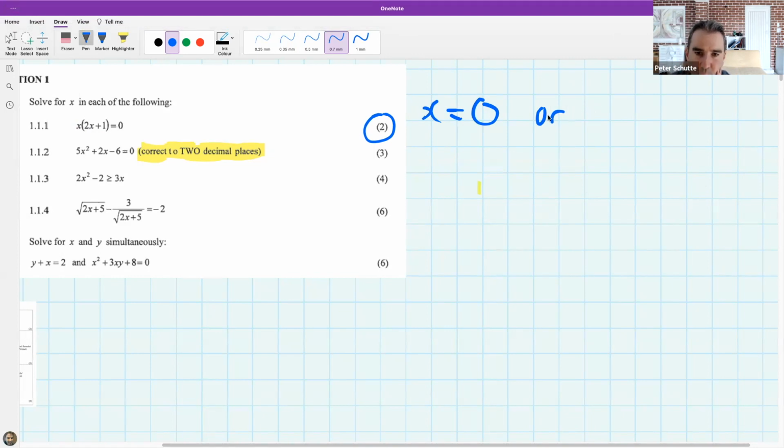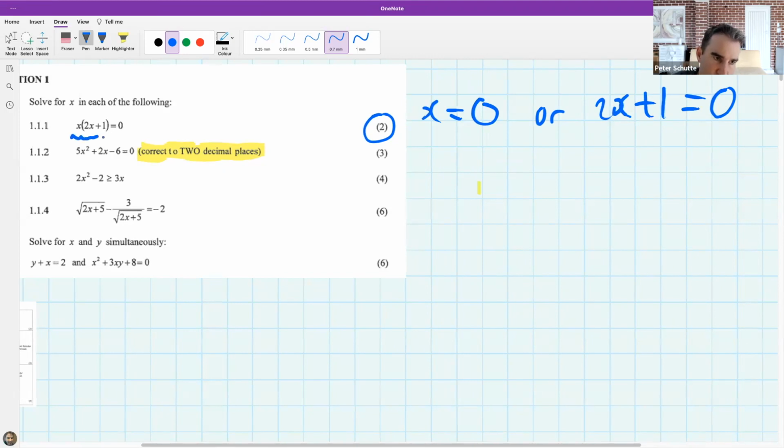So the other answer is going to be whatever we get when 2x plus 1 is 0, because this is already factorized. So we just break these 2 parts. The x equals 0 is the one part, and the 2x plus 1 equals 0 is the other part. And so if we take away 1 from both sides, we get that. And then if we divide both sides by 2, we should get x is negative a half.